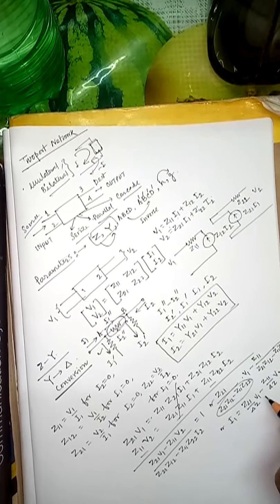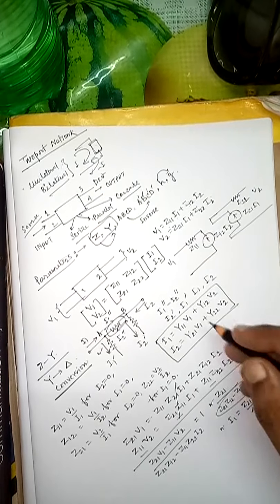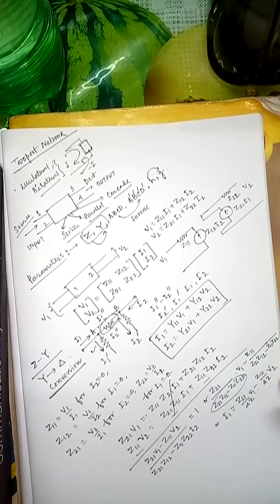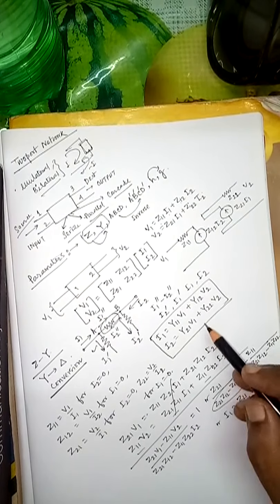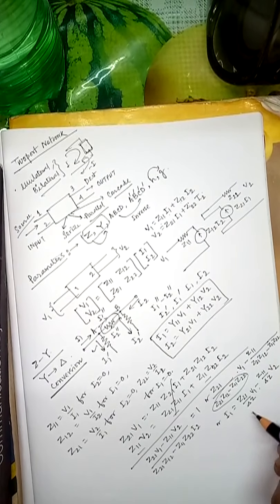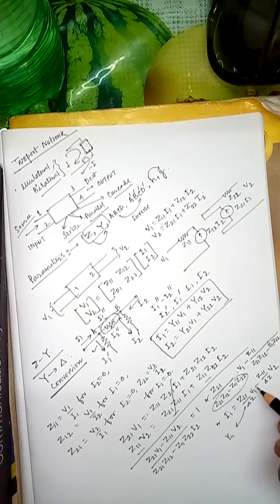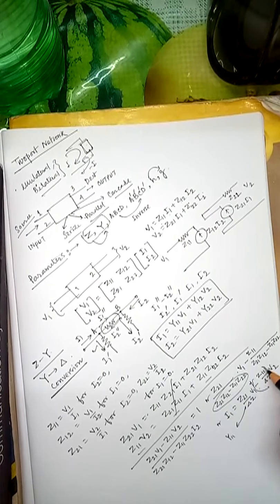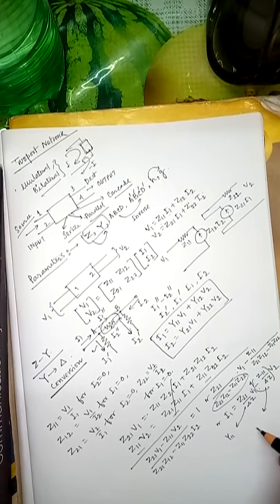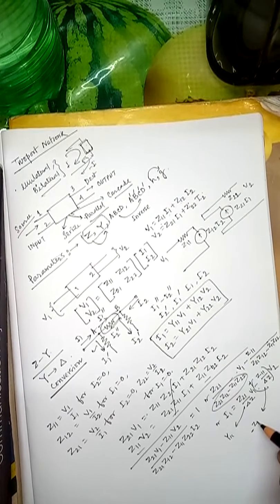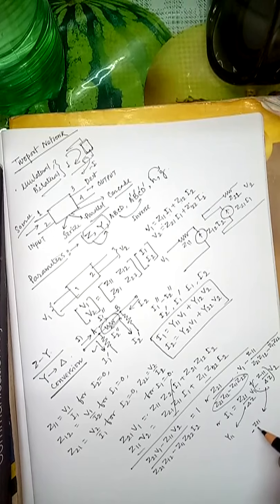Now here one minus is coming. If you are comparing these two, I hope you can see, one minus is coming. So one coefficient I can write as Y11, and here plus or minus we are taking, so that minus Z11 by delta Z is called Y12.